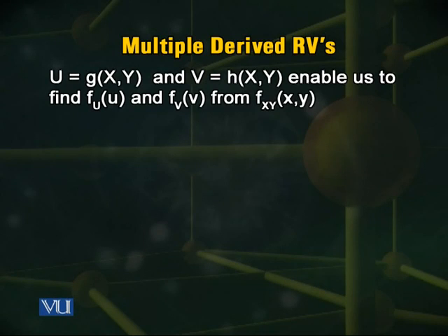We can have another derived random variable V, which is defined as X plus Y, or sum of the two service times. If we have this derived random variable V, we can answer questions like this. What is the probability that total service time will be more than 60 months?